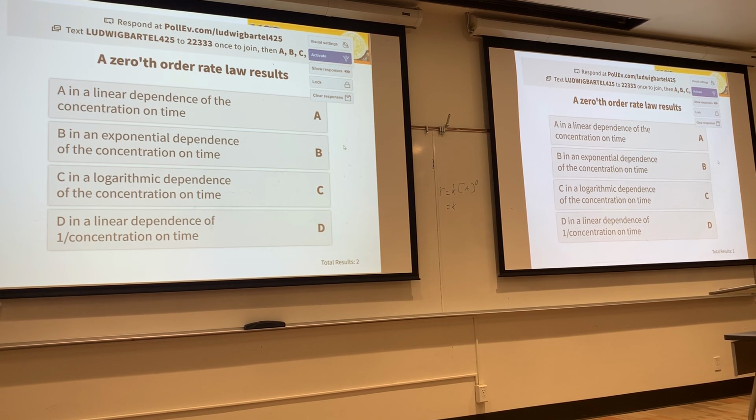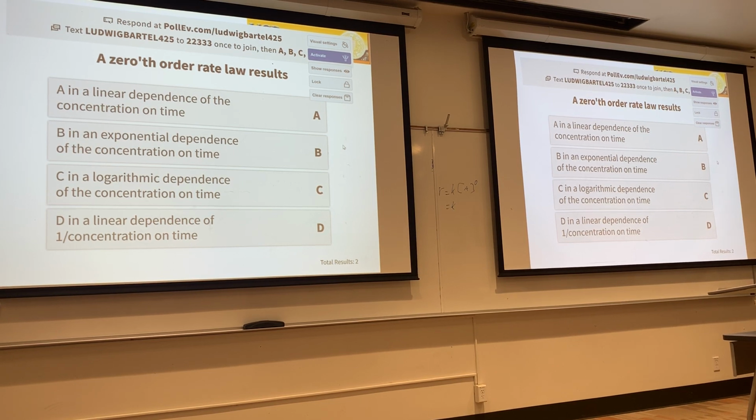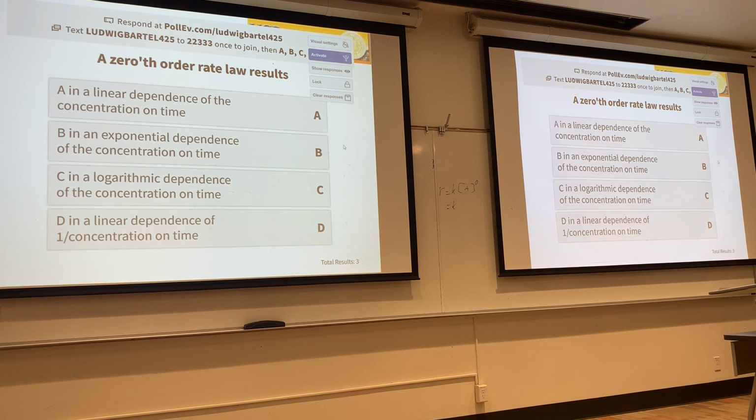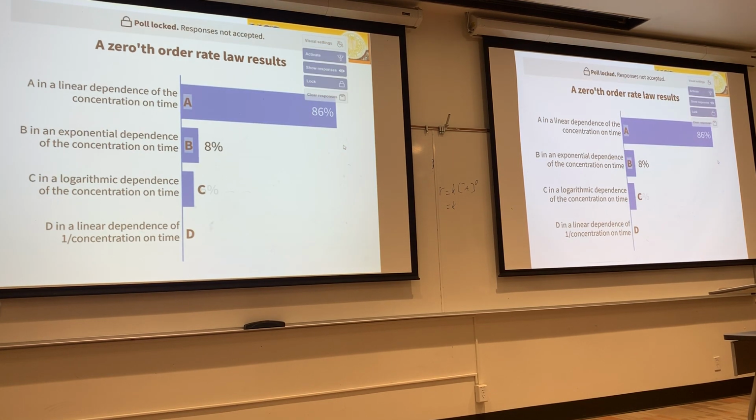The zeroth order rate law results in a linear dependence of the concentration on time, an exponential dependence of the concentration on time, a logarithmic dependence of the concentration on time, or a linear dependence of 1 over. Come on, we just had it. We just talked about it. Okay. And the linear dependence, yes, of course, that was the straight line on the right-hand side, the really simple case.